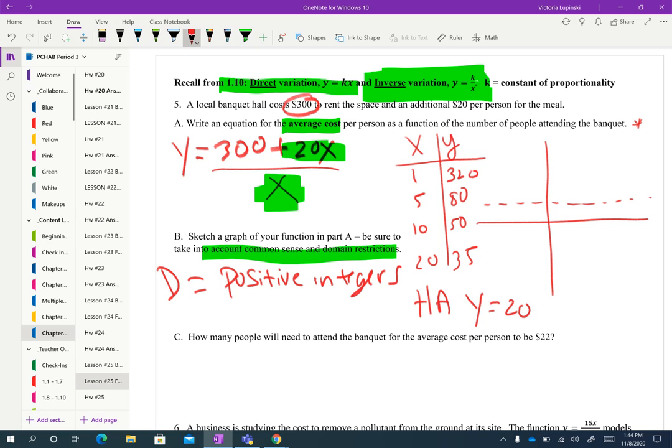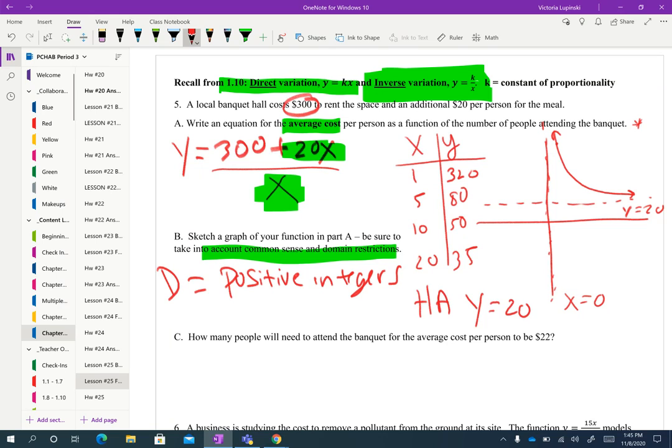So what they're saying is that at a certain point, no matter how many people come based on the capacity, you're going to have an average cost of $20. And again, technically there would be a vertical asymptote also at x equals 0, since you can't put a 0 in the denominator. So 1, 320, 580, all we really care about is the fact that it's getting smaller. And so all you're going to have is this piece of the graph right here. It looks like a rational function, but it's only part of it in the first quadrant because nothing else is going to exist.